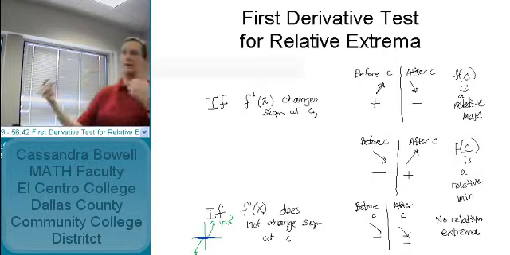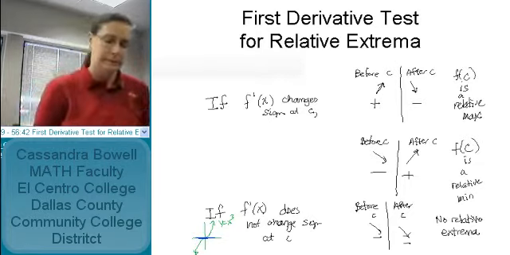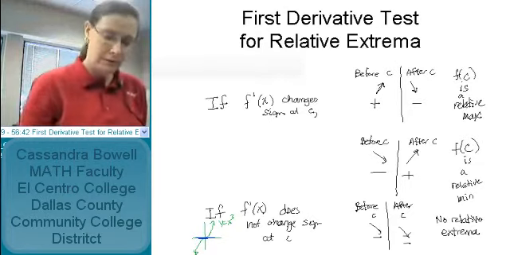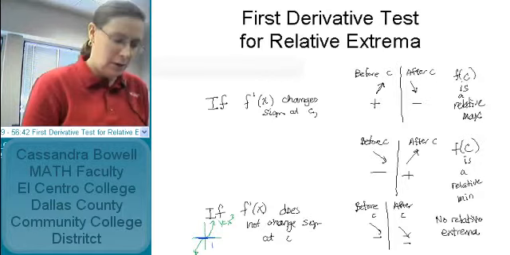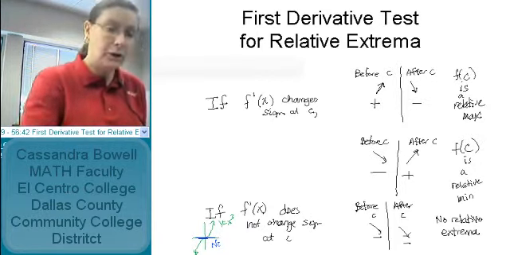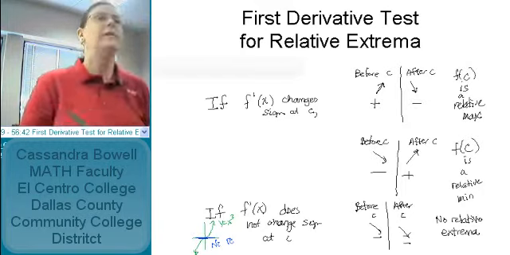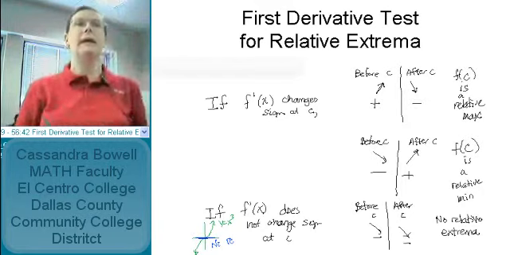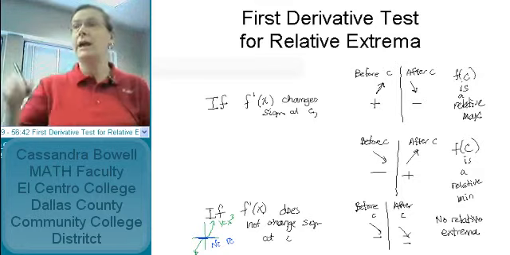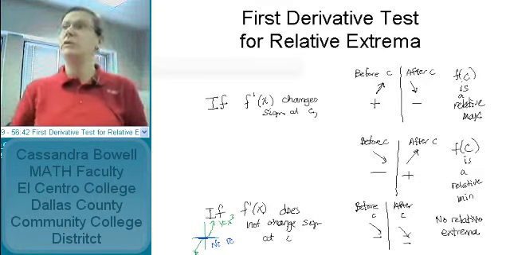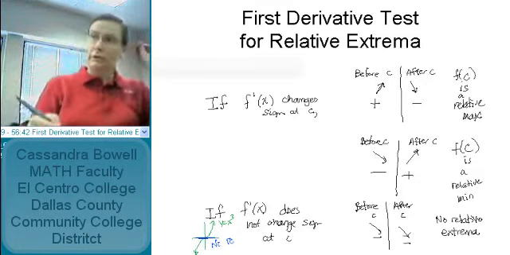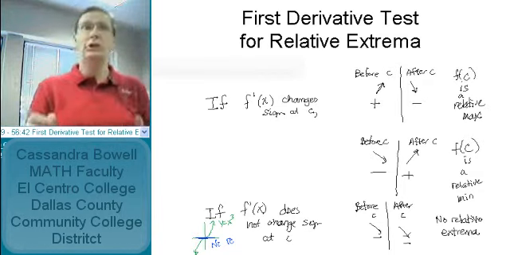Okay, so we're trying to put all these things together about the features there. So we see here no relative max or min, but it's still a critical value. A critical value is only a candidate to be a relative max or min. There's no guarantee that it actually is a relative max or min. You have to do this first derivative test. You have to look right before and right after to make sure you do get a sign change.